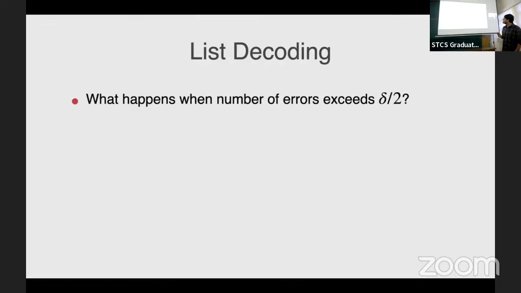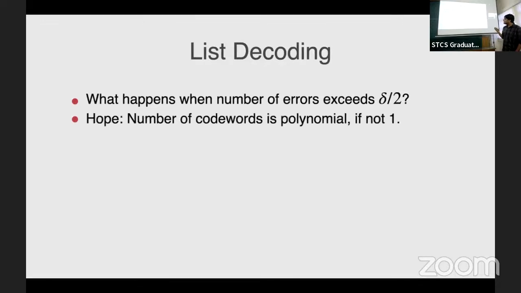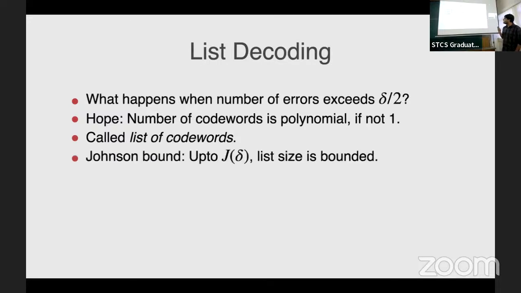So what happens when the number of errors exceeds delta over 2? The hope is that it's no longer just one codeword around the corrupted word, but the list is still polynomial. If it is exponential, then it's hopeless algorithmically to do anything. But at least if the number of errors is such that the list size is polynomial, then we can look for algorithms. This list of codewords will keep coming up during the talk, the list of codewords around the corrupted codeword.